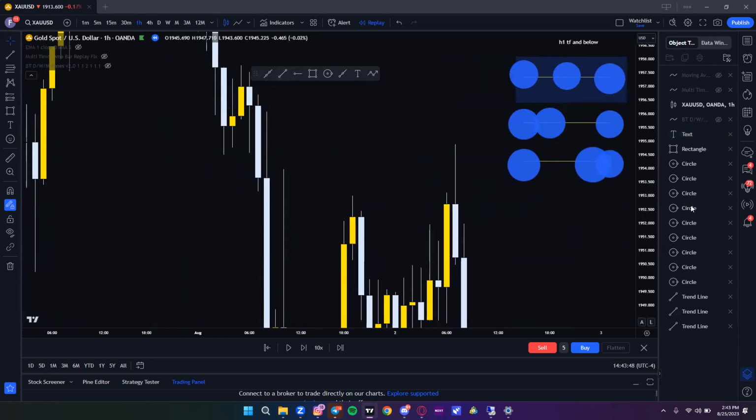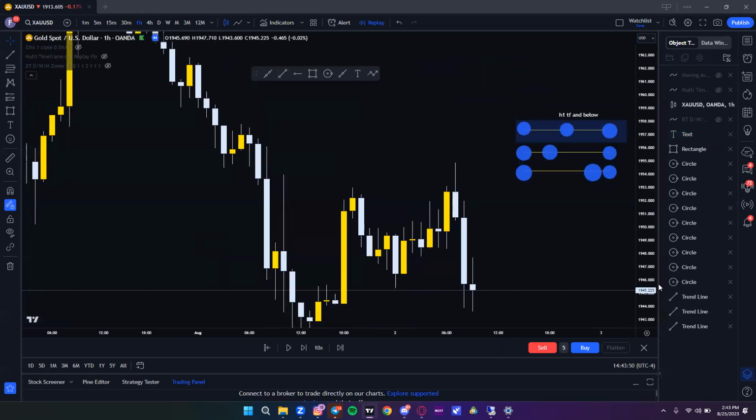So you have a lot of these candles, and you want to make sure the spacing between the candles is pretty equal.